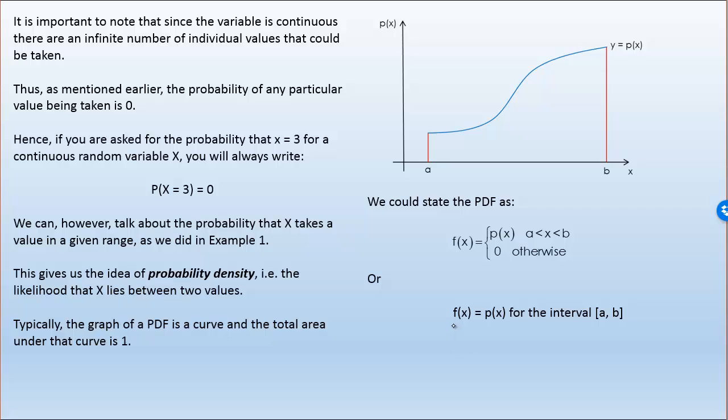Or f of x is equal to p of x for the interval [a, b]. Here I've used square brackets, which means a and b are included, the same as having less than or equal to's. It doesn't matter if they're round brackets, indicating that a and b are not included, because the probability of it taking the value a is 0, and likewise with b.